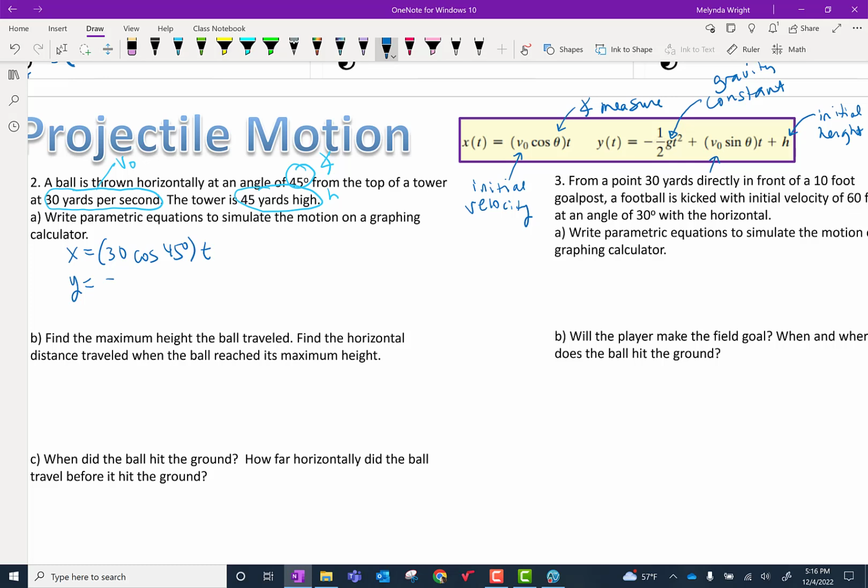we've got our -1/2. Now, typically, if it was feet, the little g guy would be 32, the constant of gravity. Since it's yards, we're going to have to divide that by 3.